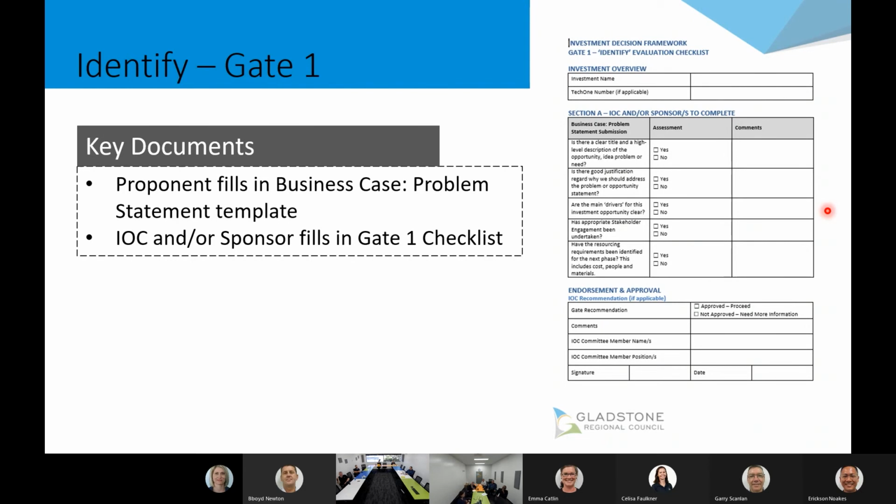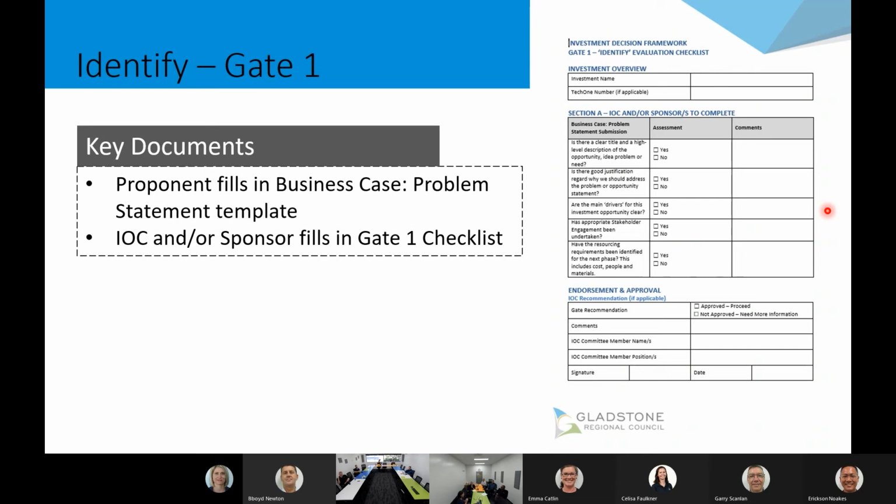This is where the proponent would start the business case template, but all they're doing in here is the problem statement, and there's a series of fields to flesh that out. Once that's done, they would then go to the IOC if they're triggered for review, and then it goes to the sponsor.